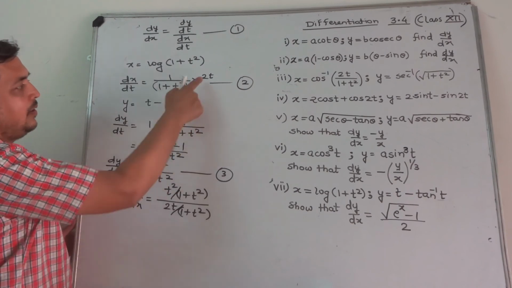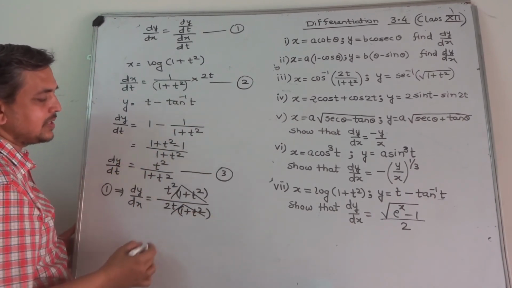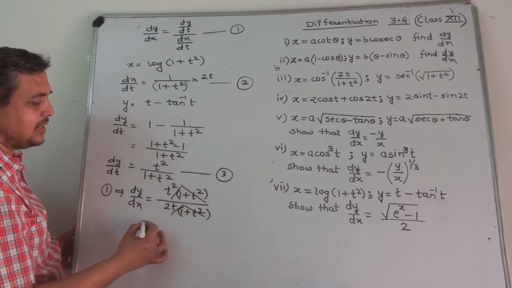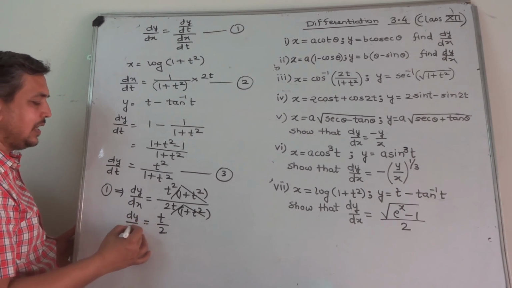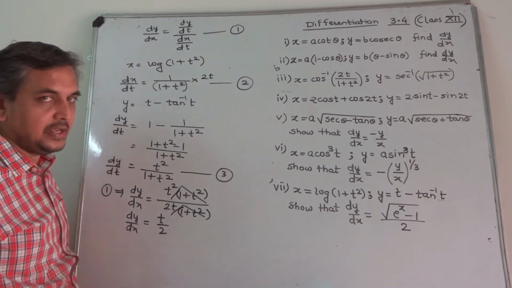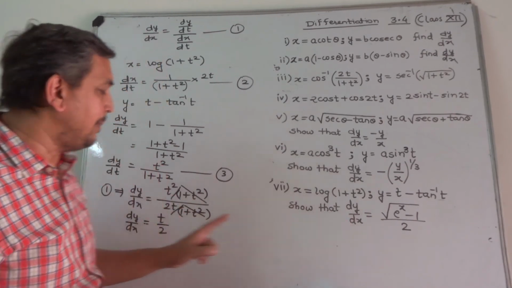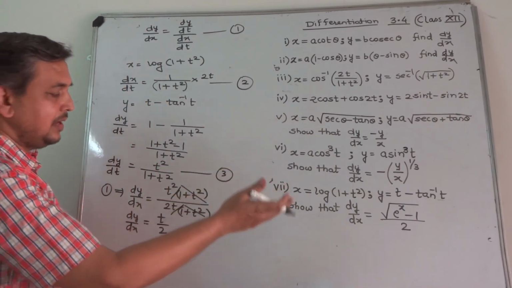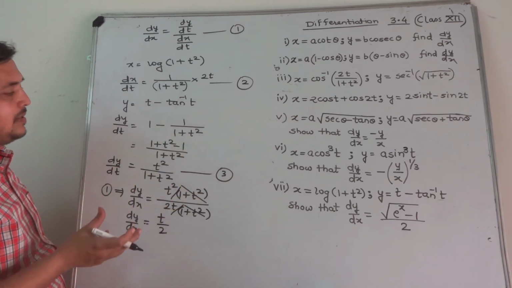So this 1 plus t square gets cancelled, 1 t gets cancelled, and the answer becomes t upon 2. This is dy by dx, but not the final answer, because we want to show that dy by dx equals some other term. We want this in terms of x. So we have to make some adjustments.